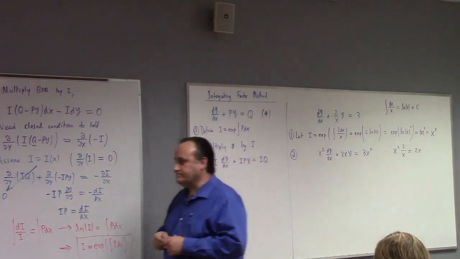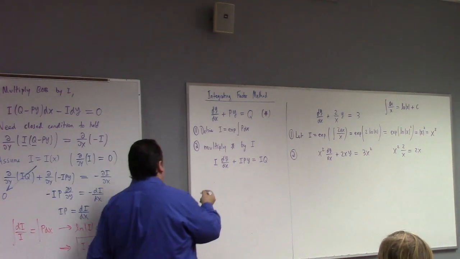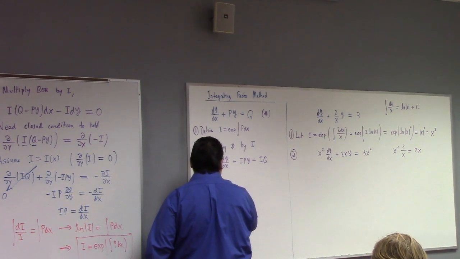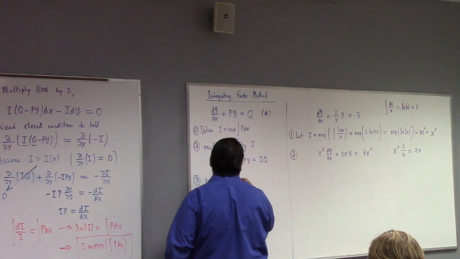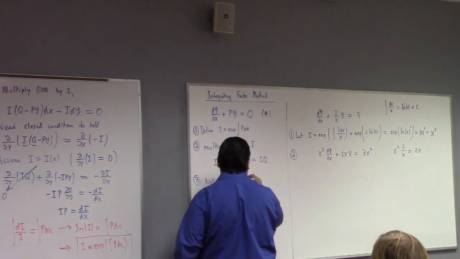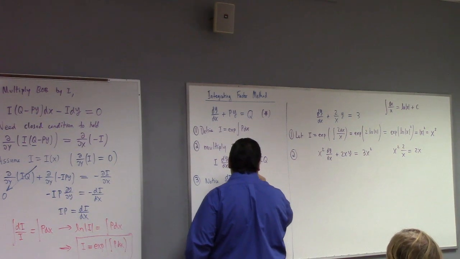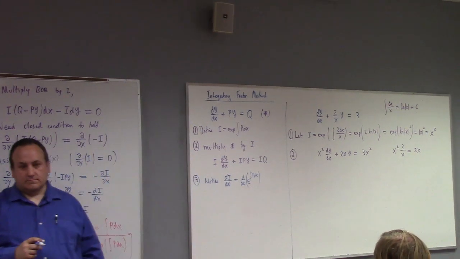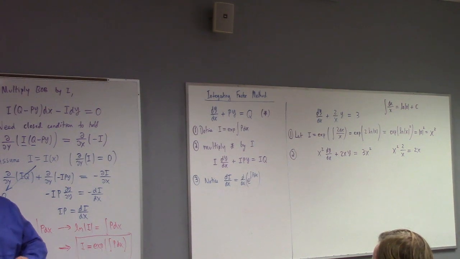All right. Step number 3. Notice that dI/dx is what? What's the derivative of the exponential of the integral of p dx? The product rule is the right idea. You're getting ahead of me.